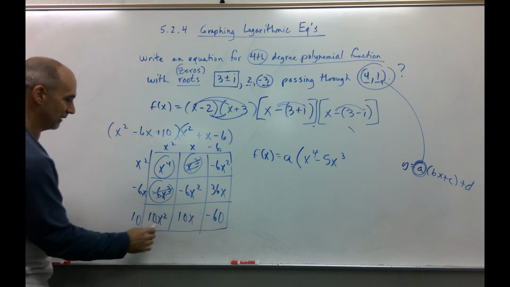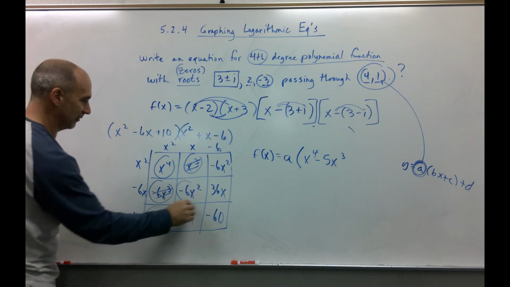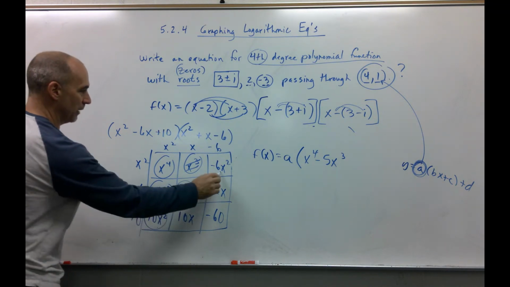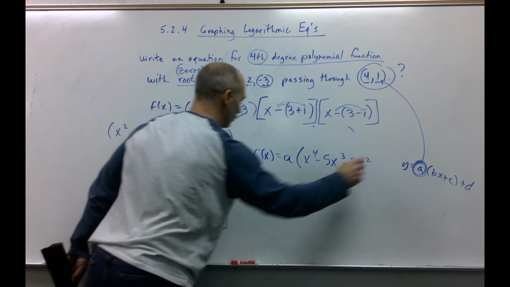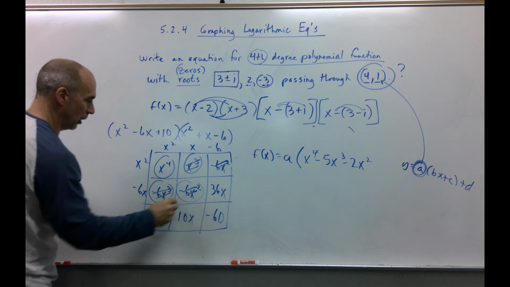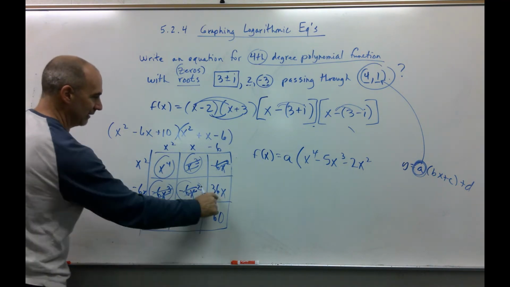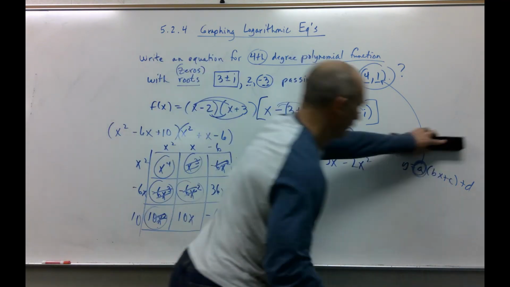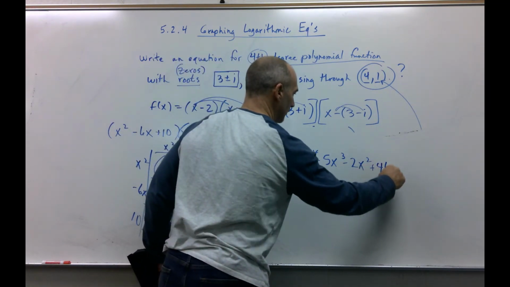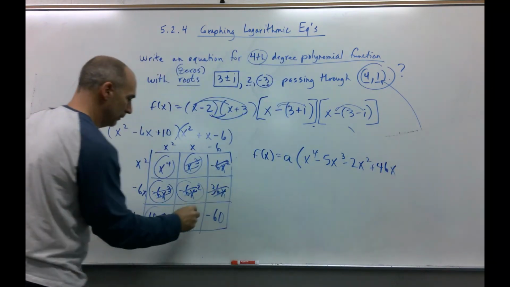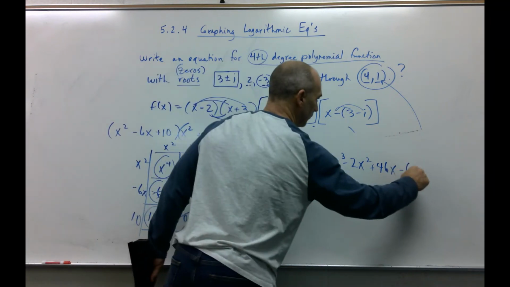Well, I've got three of them. 10 minus 6 is 4. 4 minus 6 is negative 2x squared. Those are gone. Then I get 10x and 36x is 46x. Those are gone. Minus 60.